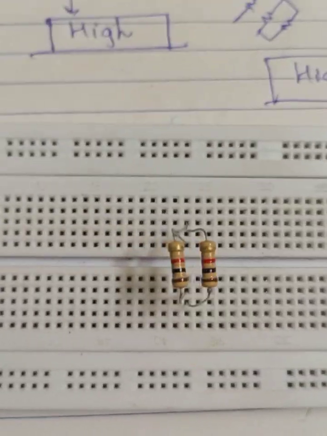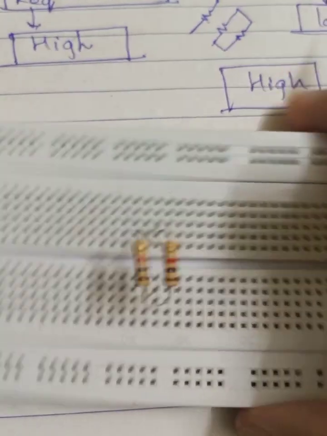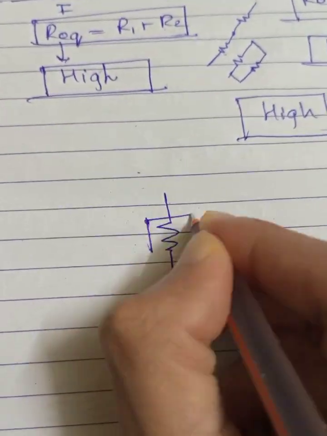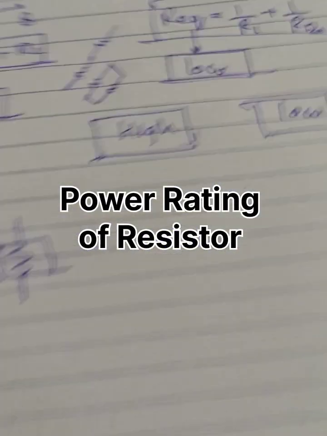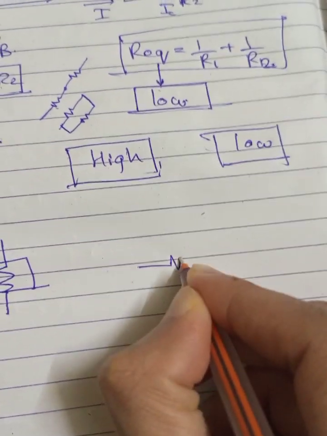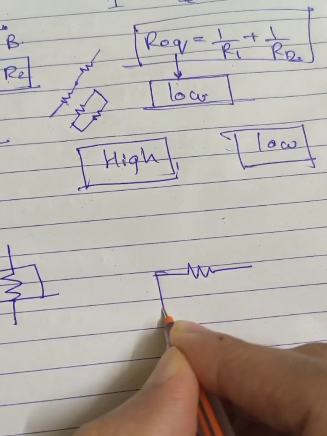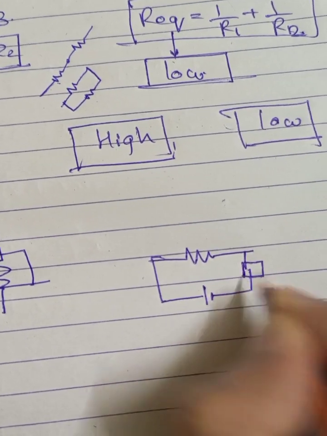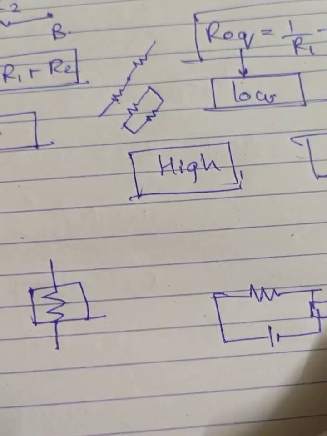Okay, so yeah. And one more thing, usually in resistance, many of the people neglect the power rating. Like, consider this simple circuit. Let us consider this as the load.